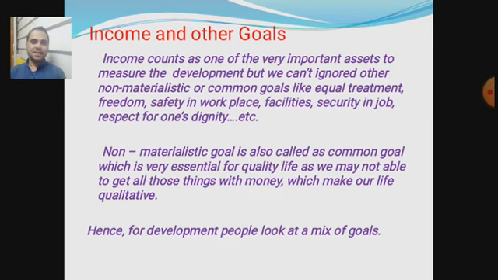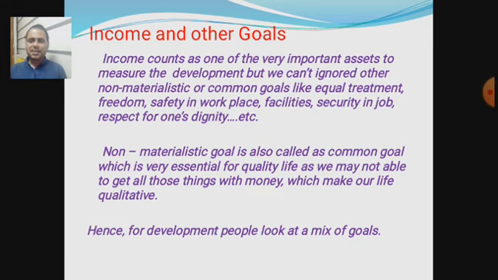But along with that, other criteria cannot be ignored, which are materialistic or non-materialistic in nature, or which are common goals. And what are these non-materialistic criteria or goals?